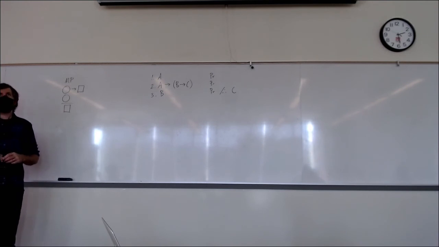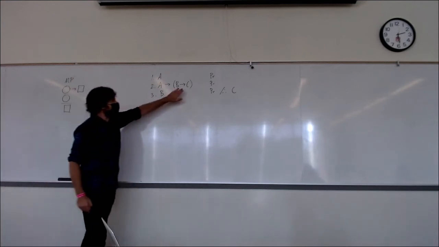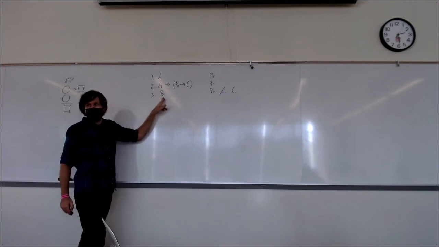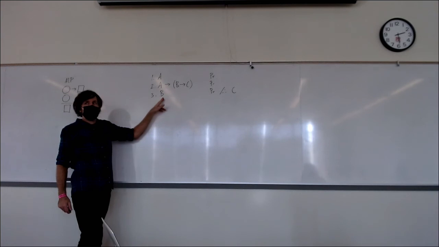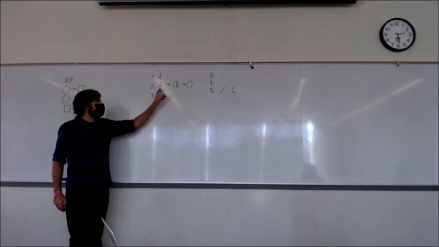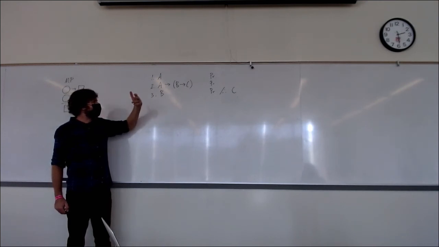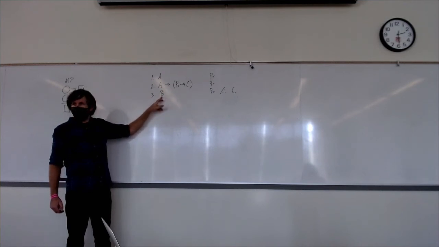This is a good example to bring up this issue. It's tempting to do that. It's tempting to see modus ponens with B arrow C and B. But that would be a misapplication of modus ponens. Because if we're going to use forms, the form of 2 and 3 is actually something like circle, and this would be square.